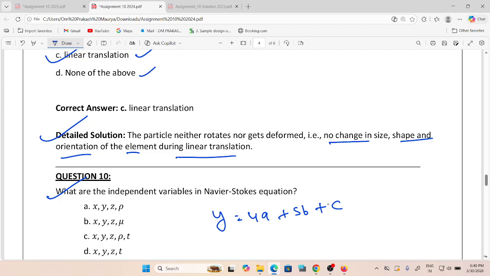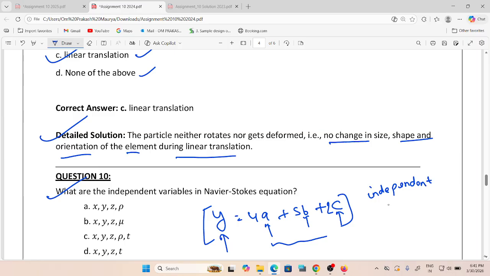The magnitude of y will depend on a, b and c, meaning in place of a, b, c we can put anything, that is independent. a, b, c are independent, but based on the values of a, b, c, your y depends.